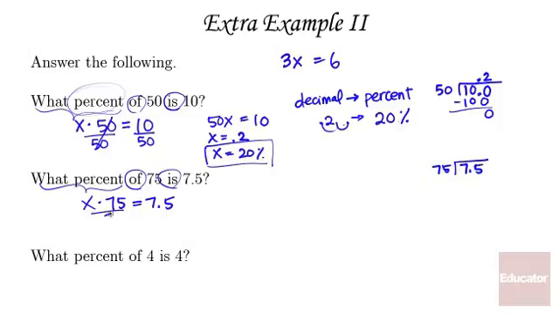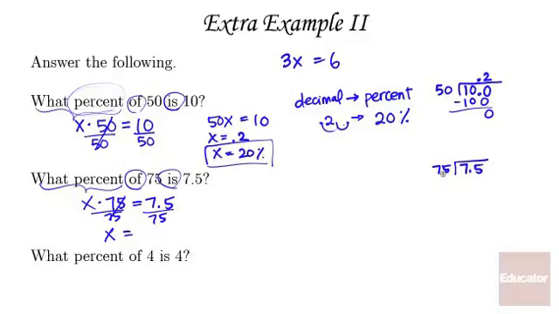And again, if you want to see it, I can show you this way. Because this you have to get rid of, by dividing it. This 75 over 75 is 1. So x times 1 is just x, right? X equals, and then I have to actually divide that to find the answer.